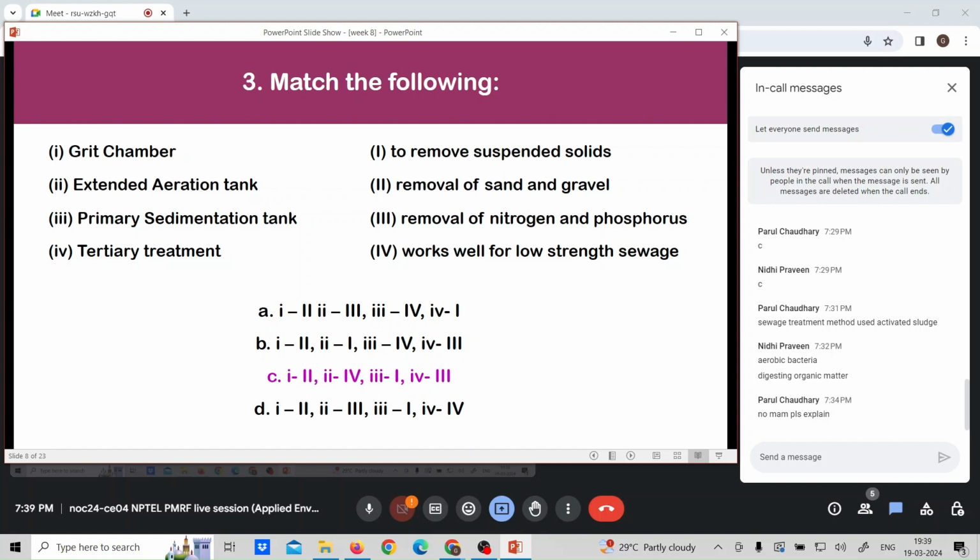Is that clear about extended aeration? Any doubts? I assume there are no doubts.